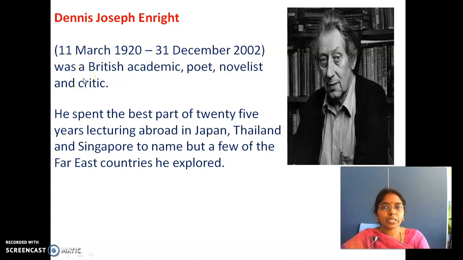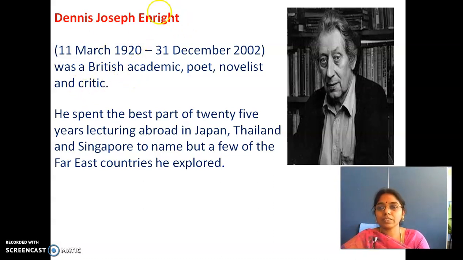He was a British academic, poet, novelist and critic. British academic: he was very good in academics. Poet, you know who a poet is. Novelist, who writes novels. Critic, what is it? He used to say which is right and which is wrong. He points out the wrong things.